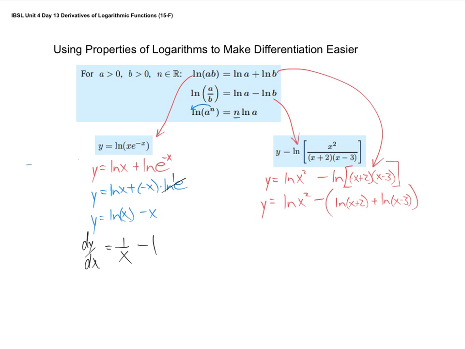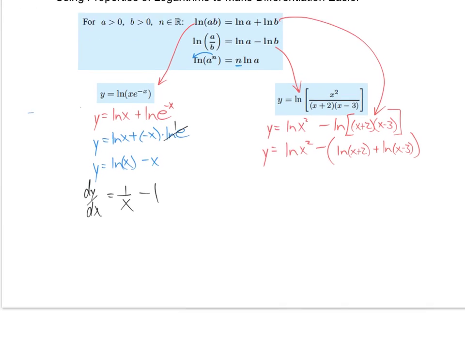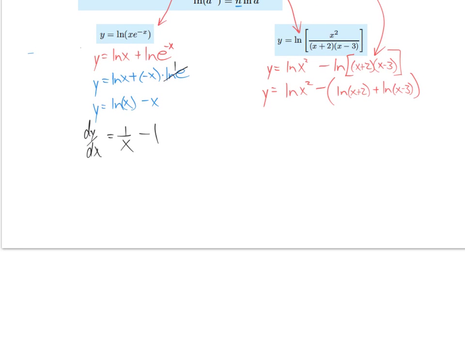Now you might say, well, do we have to do this? Do we have to use the rule? Let me show you what happens if we don't. Okay? If I don't use these rules, I'll do this in brown. I would have to use what?